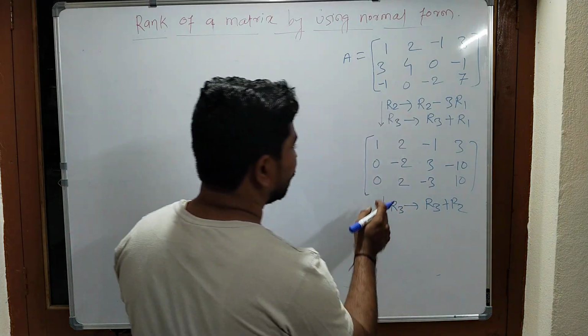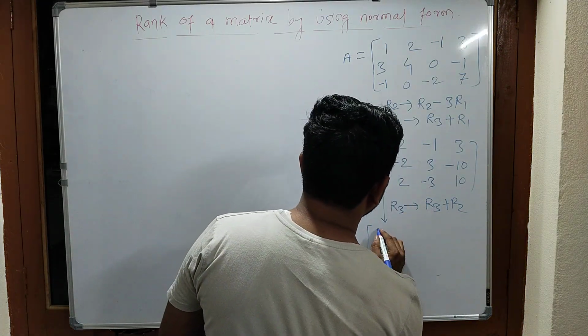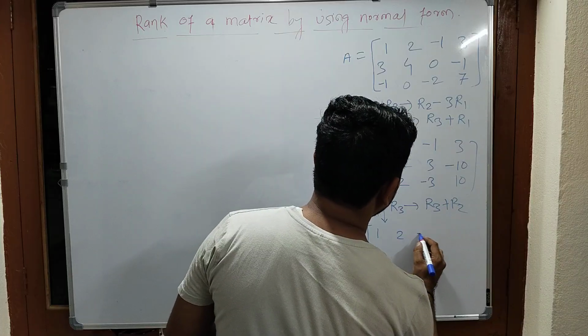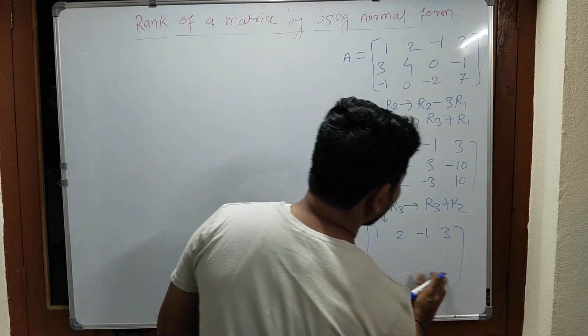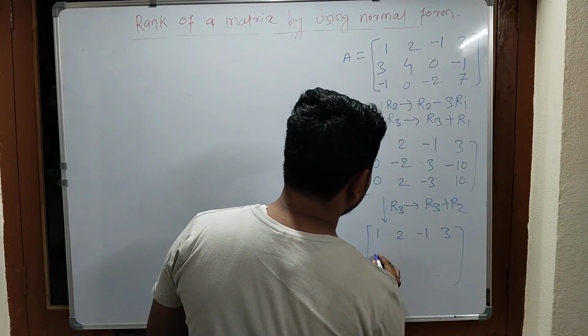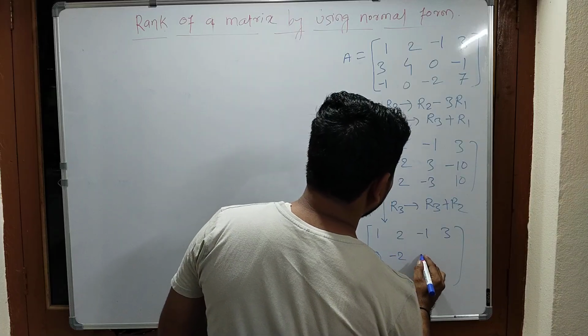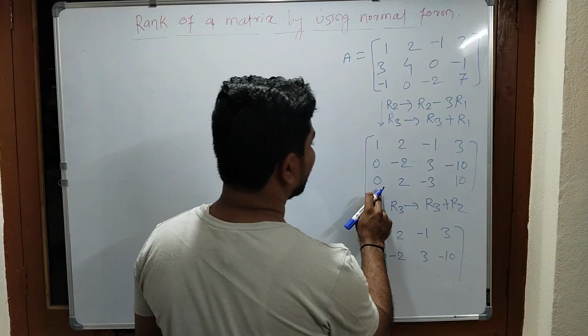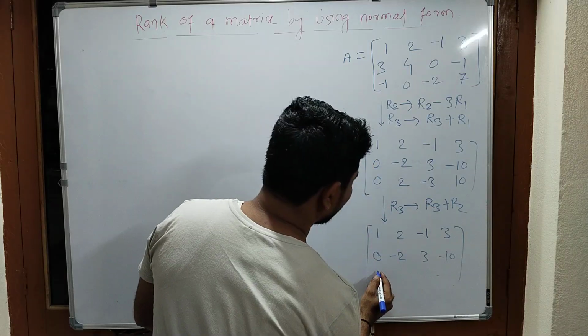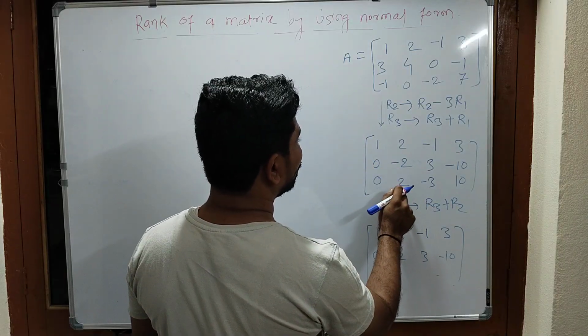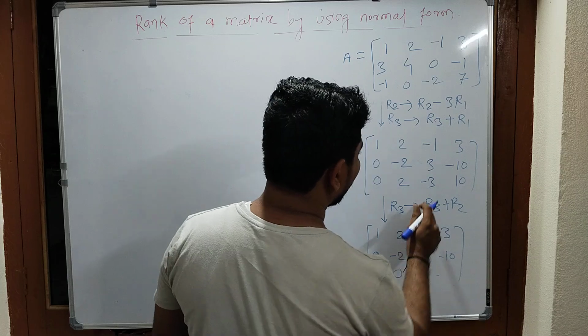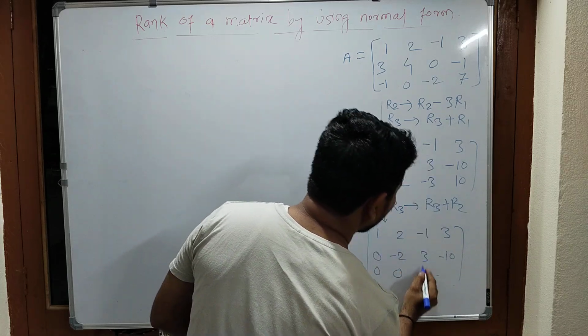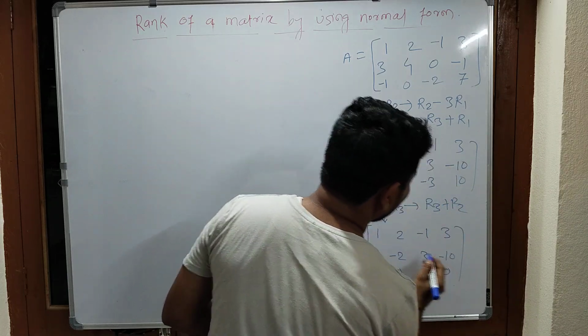The matrix obtained is: first row as it is, 1 2 minus 1 3, second row also as it is, 0 minus 2 3 minus 10, and third row 0, minus 2 plus 2 is 0, minus 3 plus 3 is 0, and minus 10 plus 10 is 0.